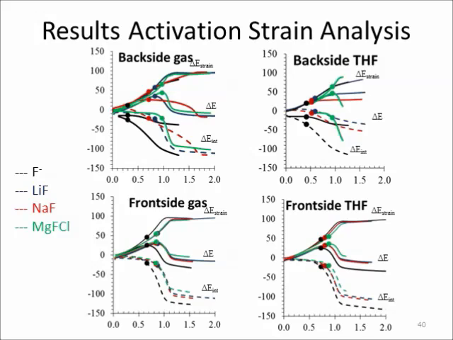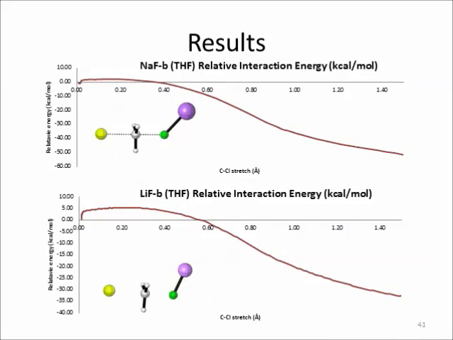We find that the strain energy is similar, while the interaction energy is different. So the nucleophilicity depends essentially on the interaction energy. We find that the interaction energy is initially destabilizing for both NaF and LiF, more so for LiF, as the nucleophile approaches the substrate.